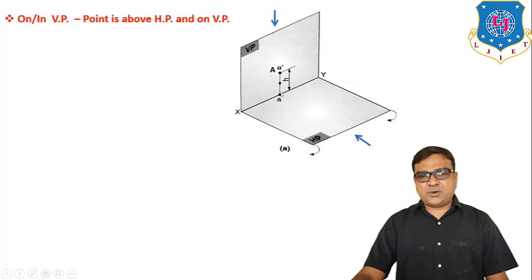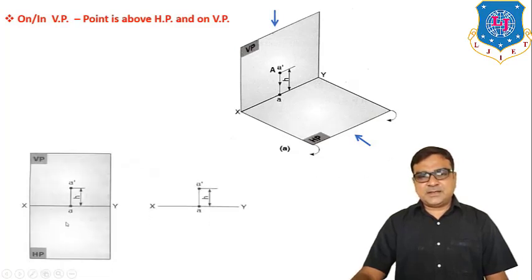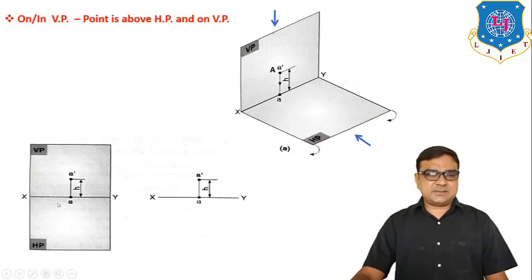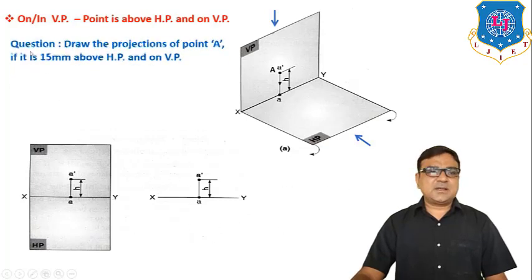When you're looking from the top, the projection of A on the horizontal plane is small a. By moving the horizontal plane clockwise 90 degrees, it looks like this: XY, on which the top view small a lies and our front view A dash is above the XY line. Generally it is represented on a drawing like this.